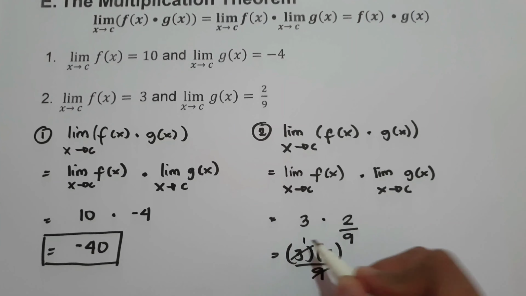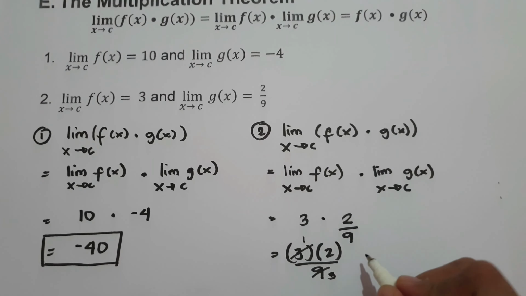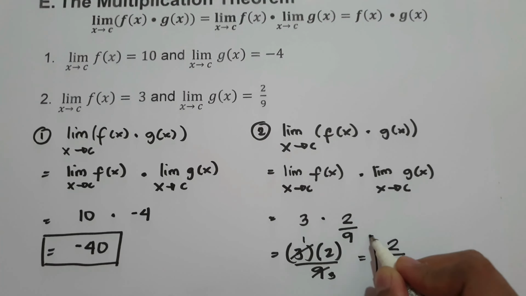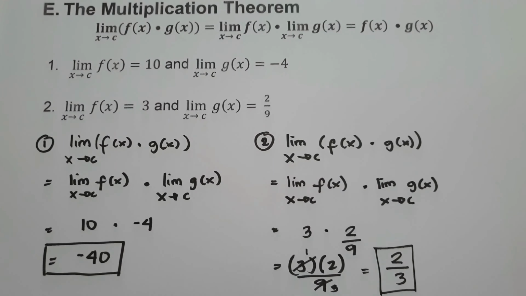So 3 becomes 1 and 9 becomes 3 because they are divisible by 3. So therefore we have 1 times 2, that is 2, and the denominator, that is 3. So this will be our answer, 2 over 3. So that is the multiplication theorem.